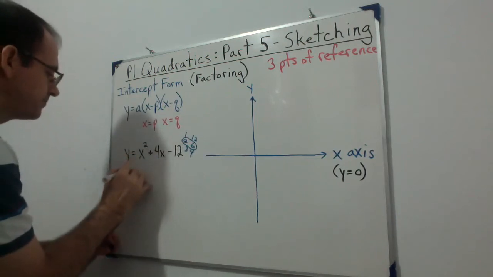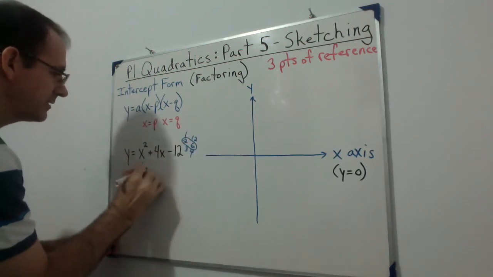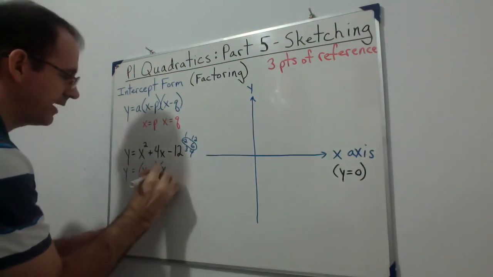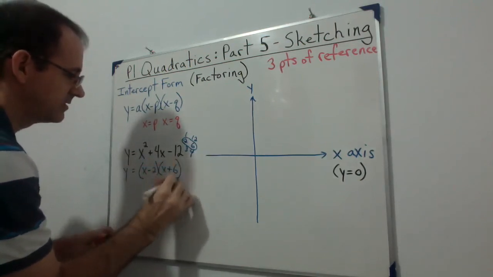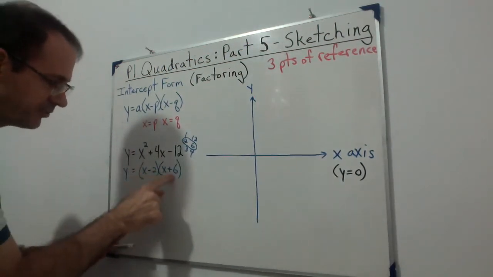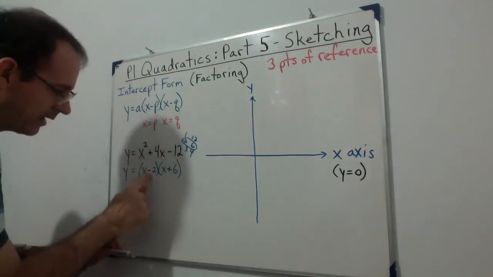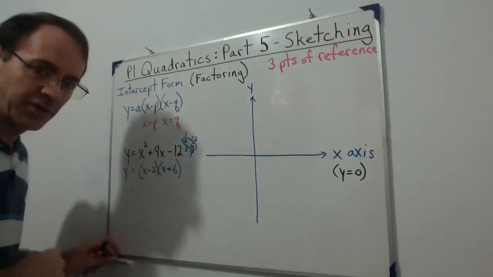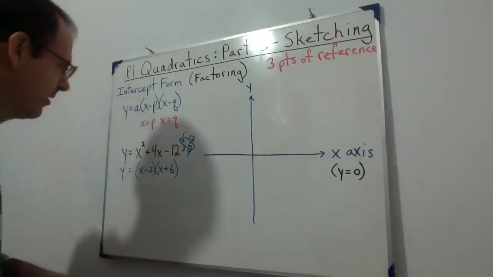So that means we have x minus 2 times x plus 6. And we can double check. X times x is x squared. -2 times 6 is -12. A positive 6x minus 2x is 4x. So we know that we did it correctly.